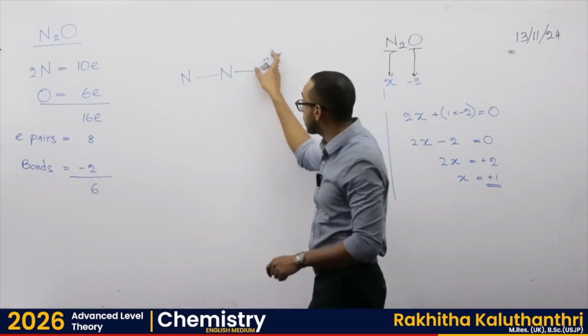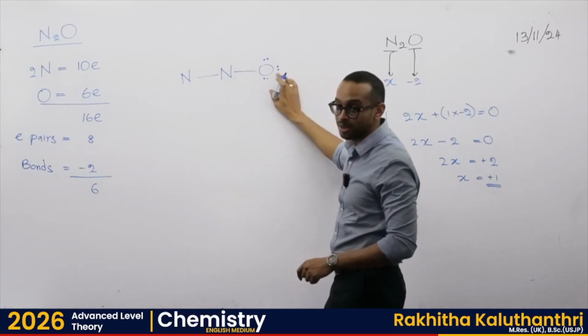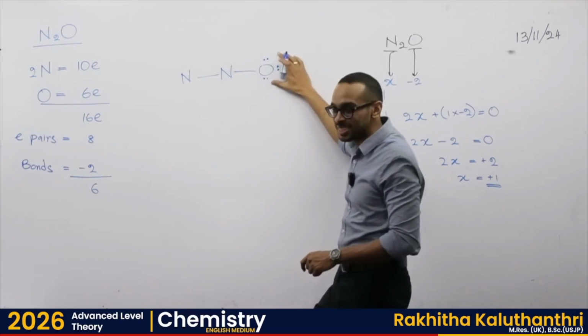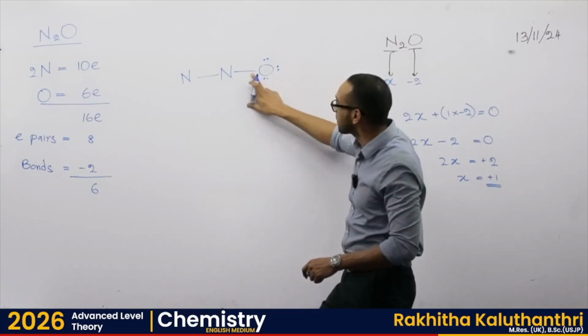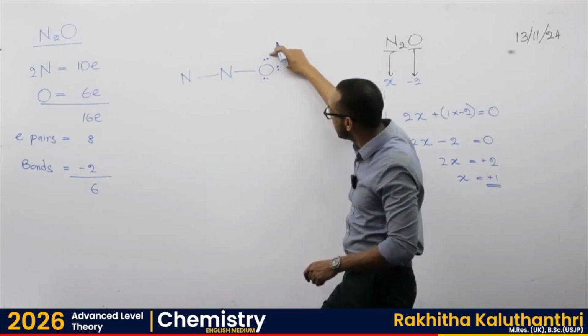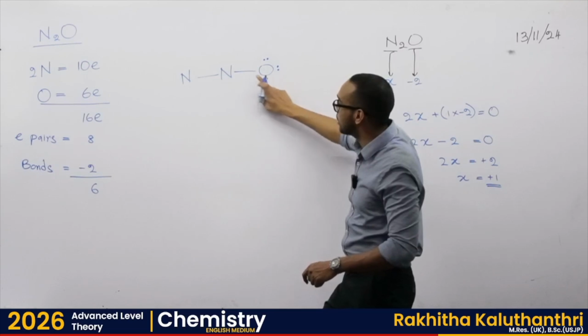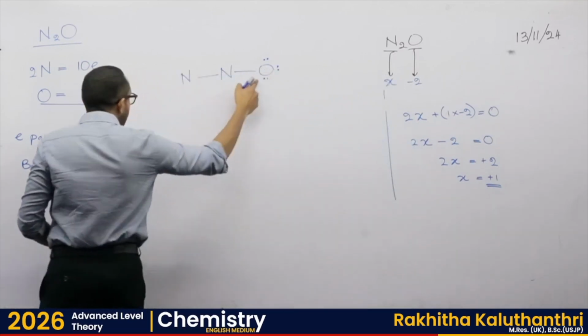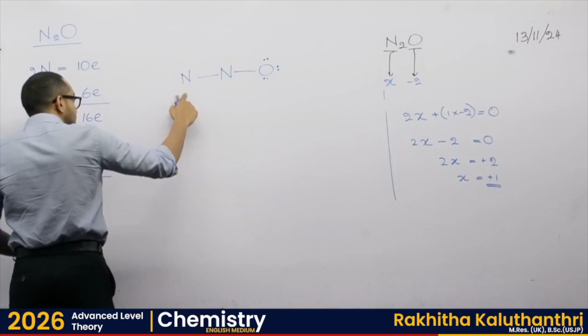And now the octet of oxygen is complete. You have 2 electrons here and 6 electrons around it. 2 plus 6 is 8. The octet is completed. So we are now moving on to the outside nitrogen.